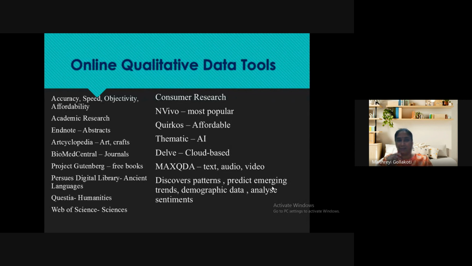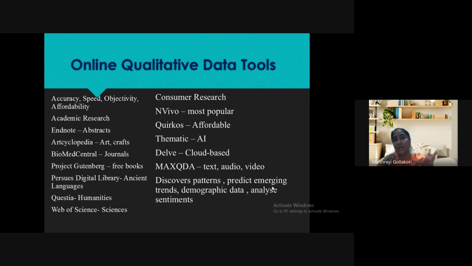Okay, and demographic data means which area people are buying more, what are they doing with this product, and analyze sentiments. When are they buying it? They are buying it before a festival, or for Christmas, or for Raksha Bandhan or something.